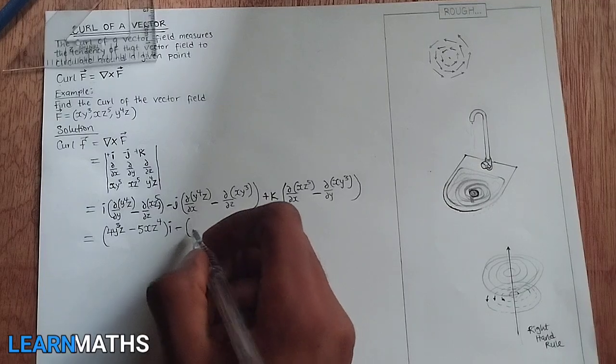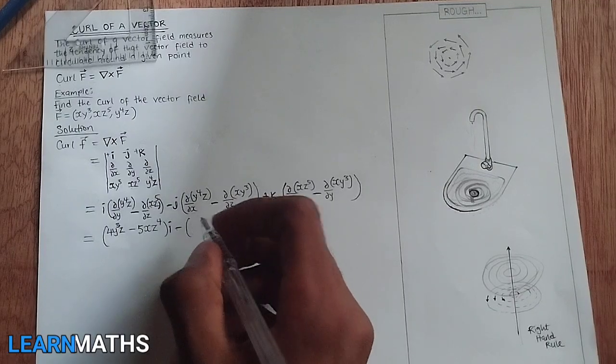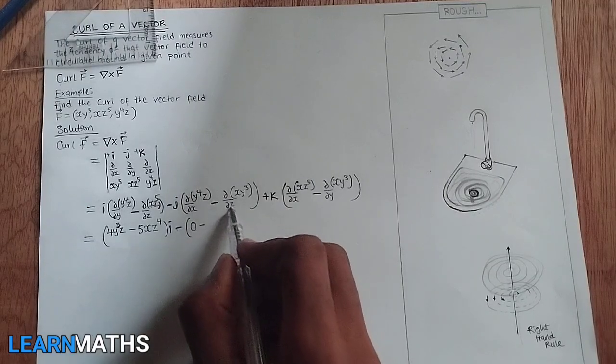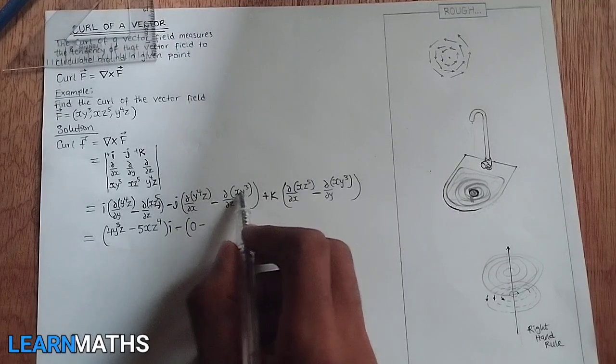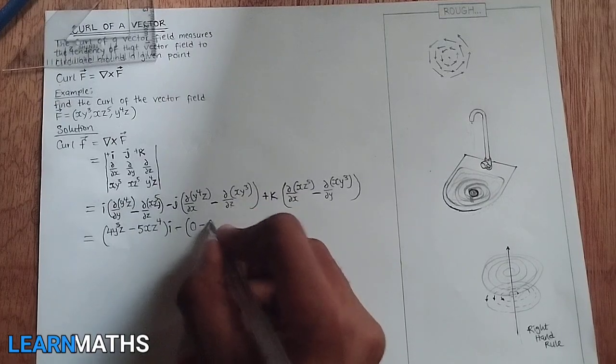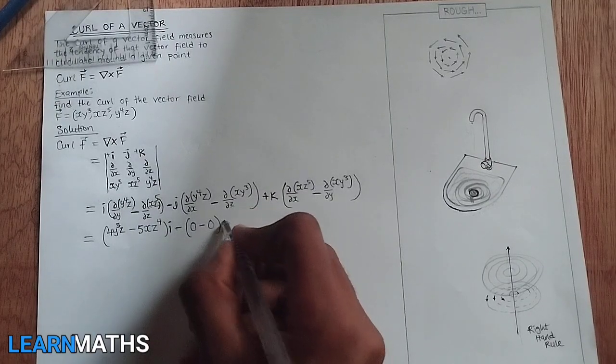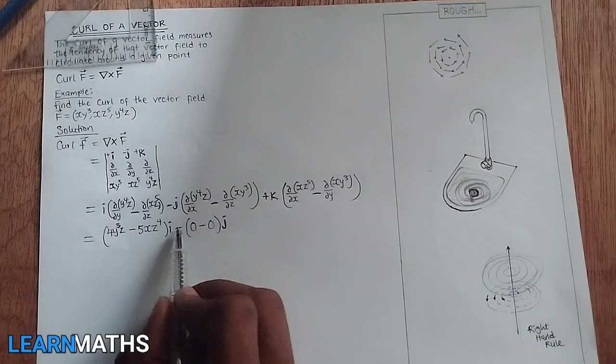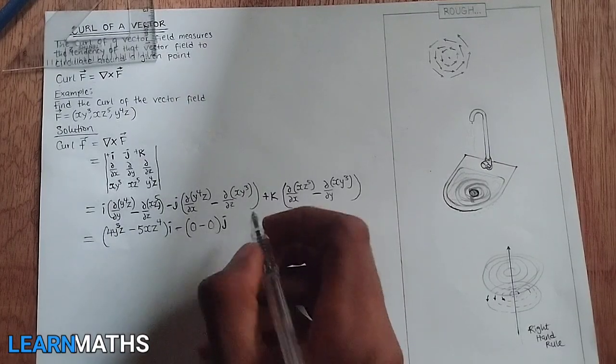Minus, now you partially differentiate this with respect to z. There is no z there, so you also get 0. That's just the 0 j component, just 0, right?